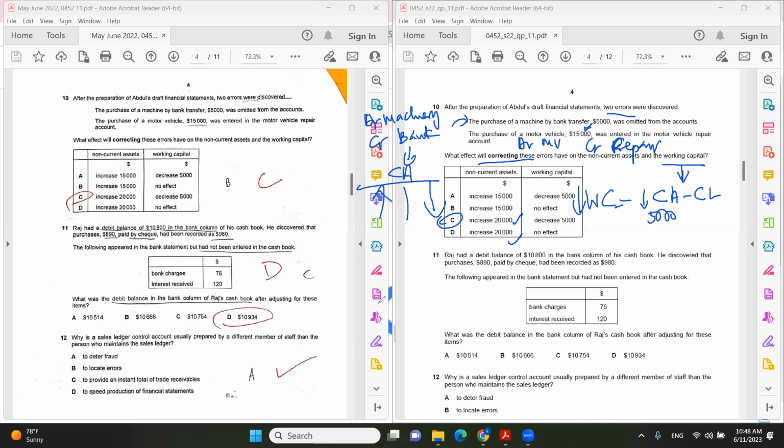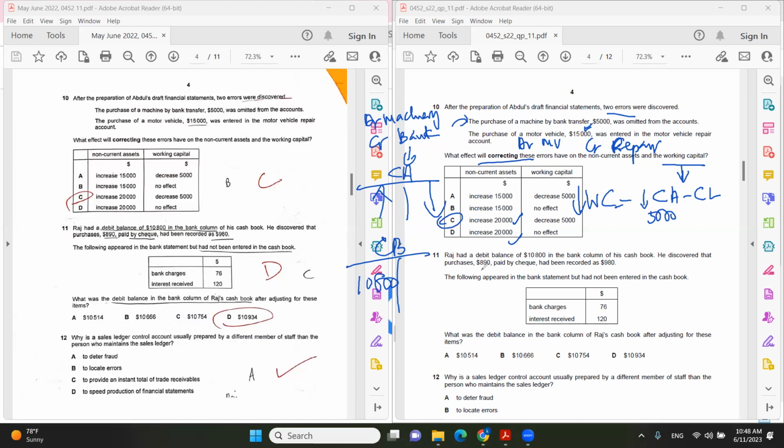Okay, next up, 11. Raj has a debit balance of 10,800 in the bank column of his cash book. He discovered that the purchase of 890 paid by cheque has been recorded as 980.